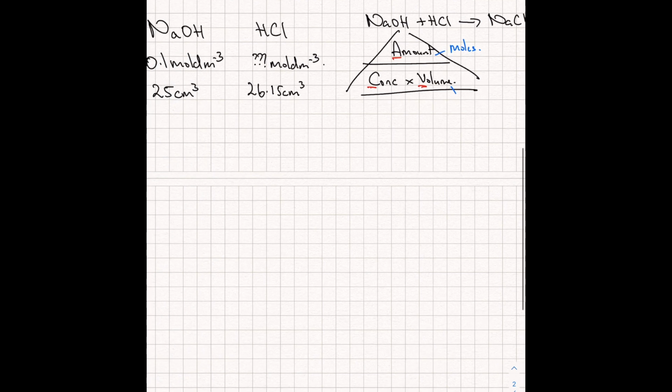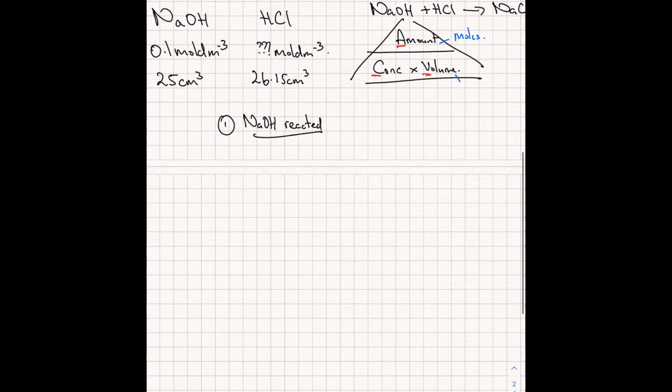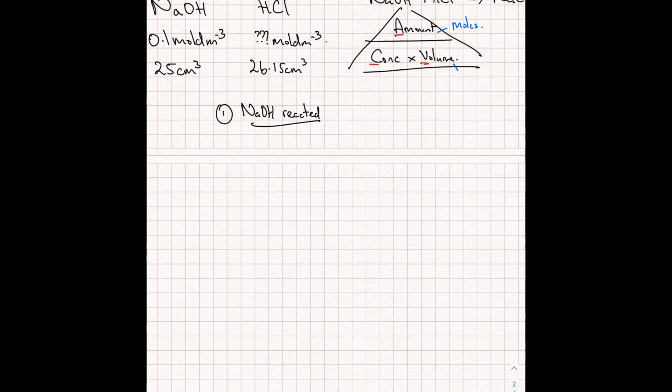The first step in this calculation is to find the number of moles of the sodium hydroxide that has reacted. The number of moles is the amount in this triangle, so I'm trying to find the amount. The amount equals concentration times volume.